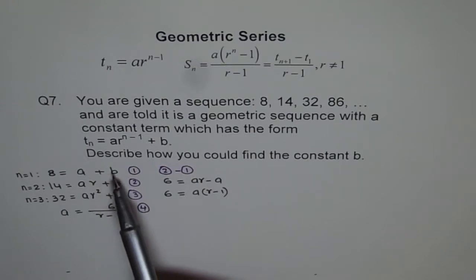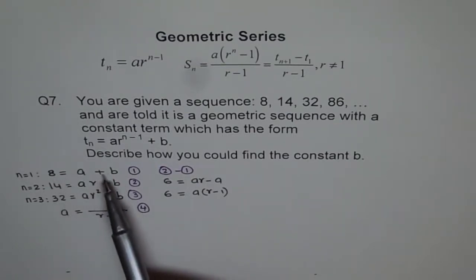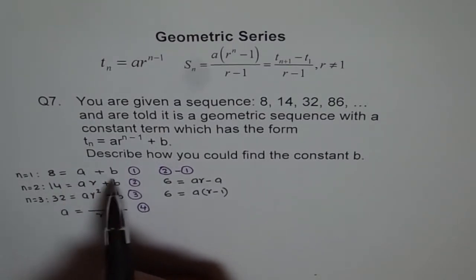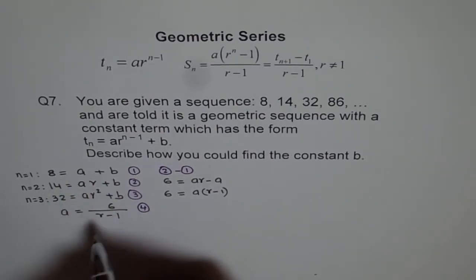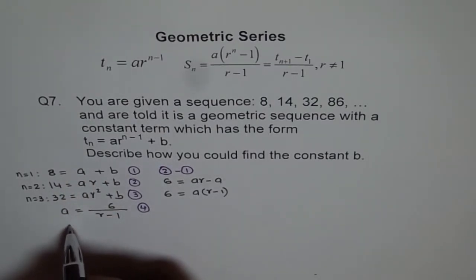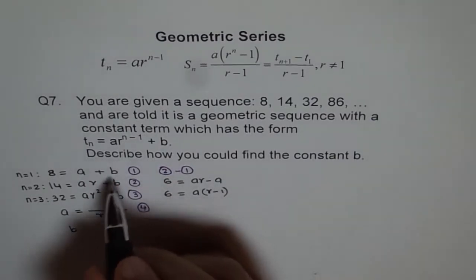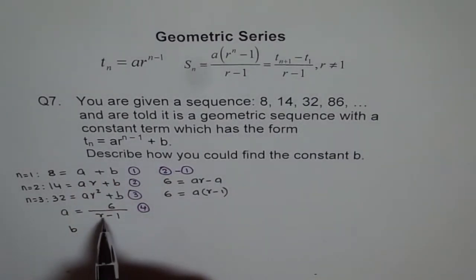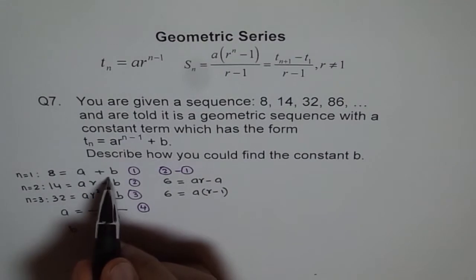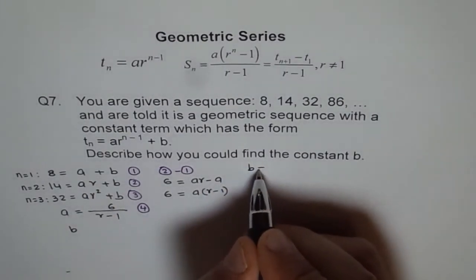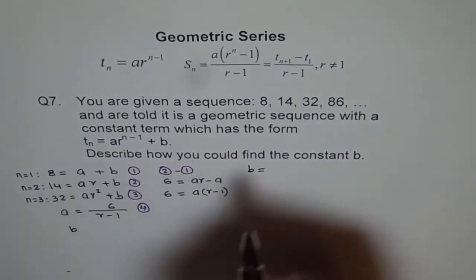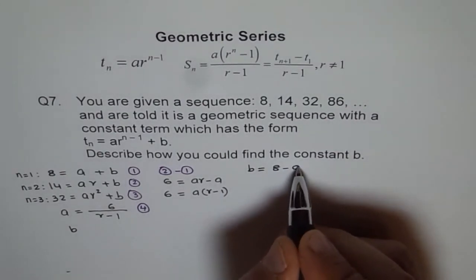Now I know b in terms of a, right? From equation 1, I know b in terms of a. So let me do it here first, and then I'll write what is b in terms of r, okay? So from equation 1, I know b is equal to 8 minus a, correct?